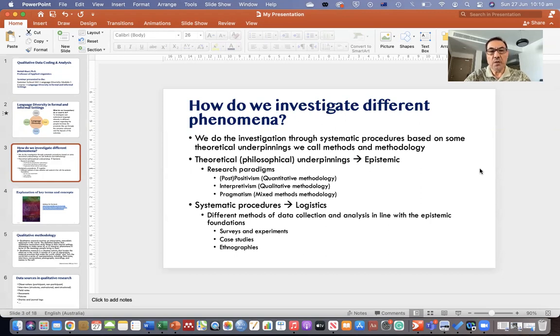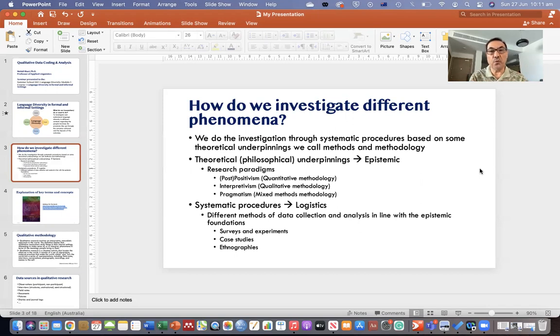So those who advocate an interpretive paradigm usually use qualitative methodology. And finally, the third theoretical underpinning or research paradigm is pragmatism, in which researchers use mixed methods methodology, in that they try to mix both quantitative and qualitative methods in order to answer their research questions.